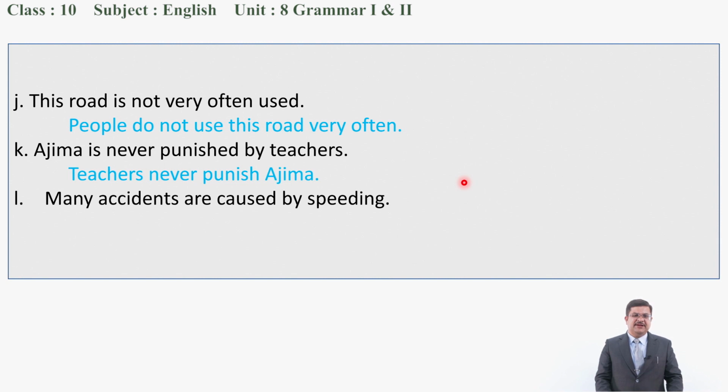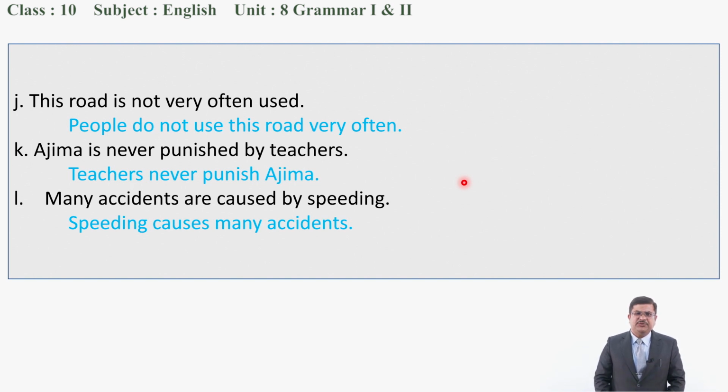Ajima is never punished by teachers. Teachers never punish Ajima. Many accidents are caused by speeding. Speeding causes many accidents. In this way, we change active sentences into passive and passive sentences into active.